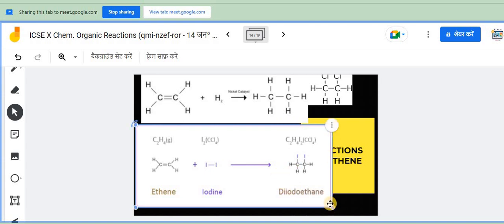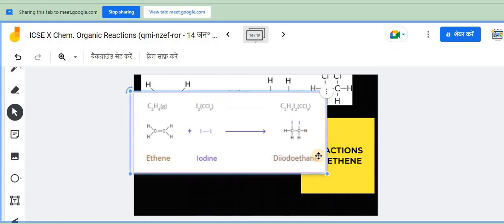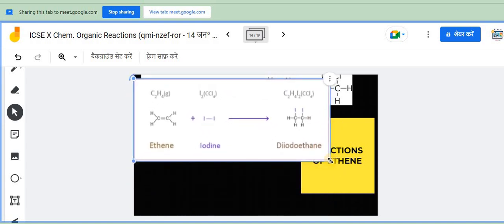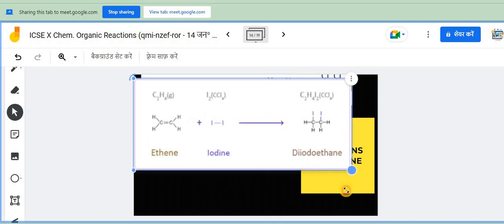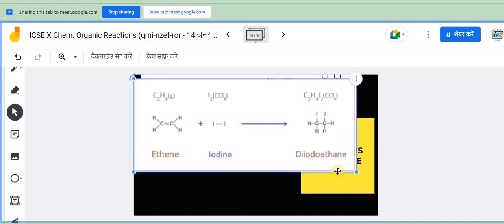Now, if you talk of ethene iodination, earlier we talked of chlorination, we talked of hydrogenation. Similarly, we can write for bromine also. So when iodine is added, double bond changes to single bond. Here it is written diiodo, which is also not correct.